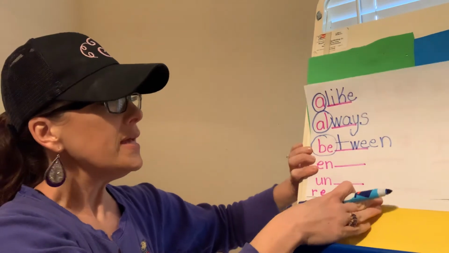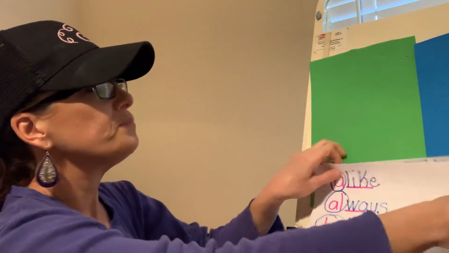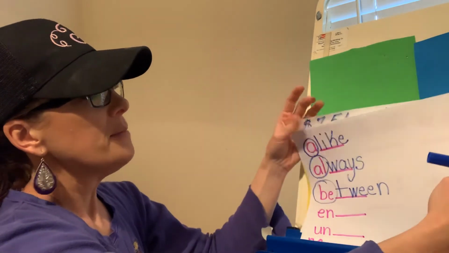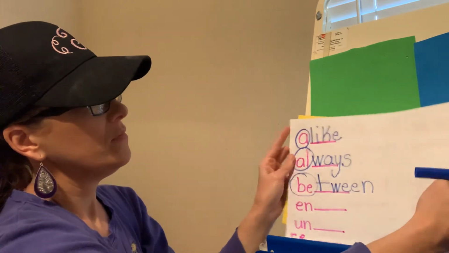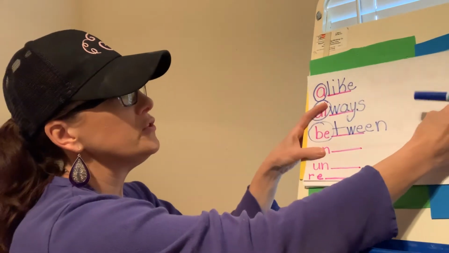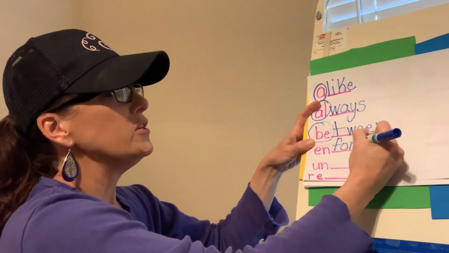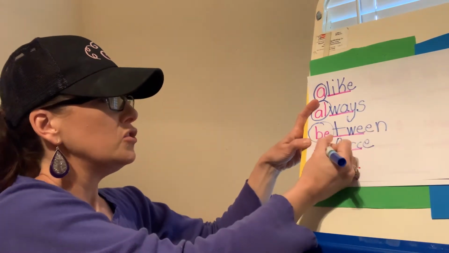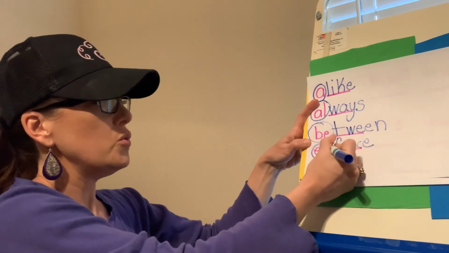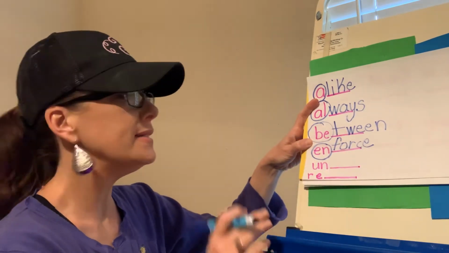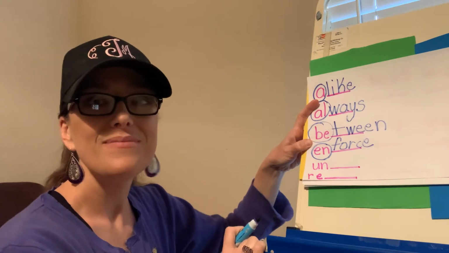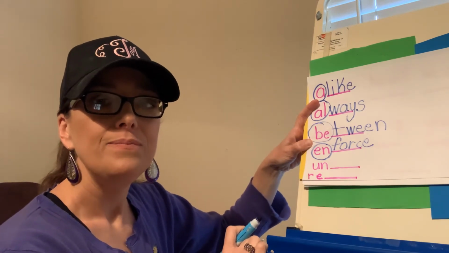In and enjoy, we could say, how about enforce? The police officer will enforce the law. Circle in and enjoy, underline the root word force. How about un and unbutton?